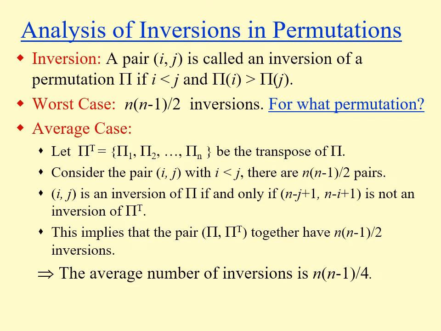If originally ij is an inversion, and we totally reverse this permutation, then in its transpose that ij will not be an inversion. So this is exclusive. You can think of them as the complement of each other.